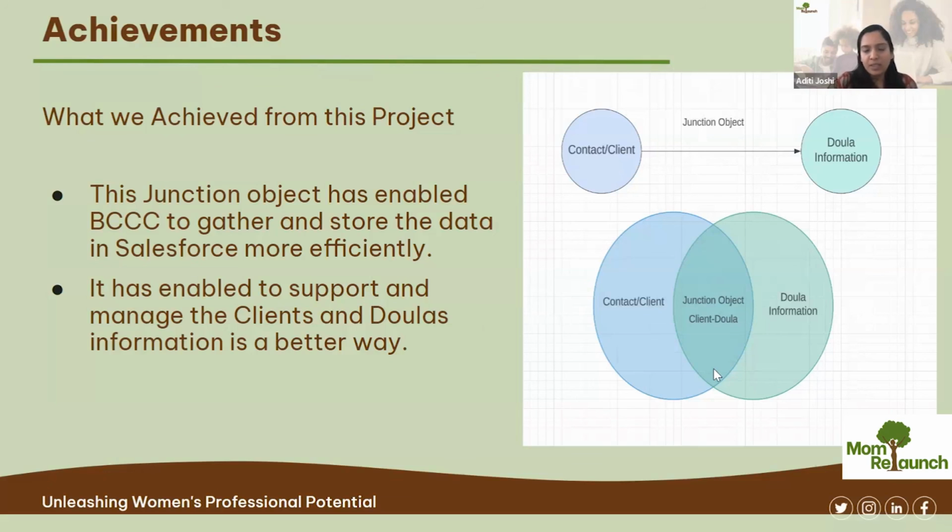When the records are deleted, if we delete any parent record, automatically the child record is deleted. That's the function of the junction object. But if you delete any doula record, because it's a child object, the parent object will still stay. It won't be deleted.